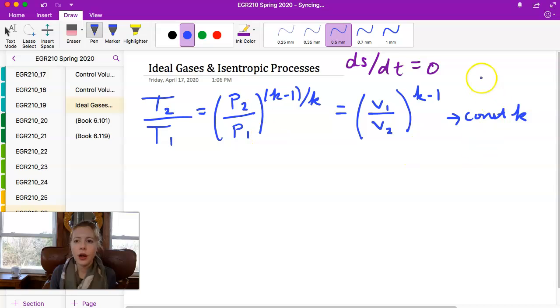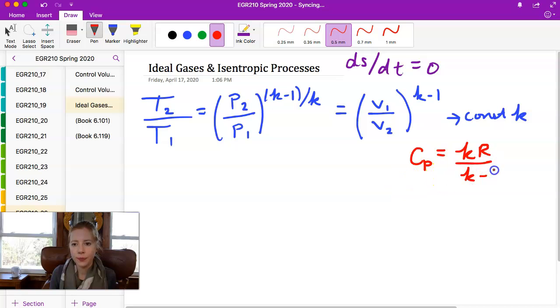Okay, so remember, typically we have this constant that is associated with ideal gases. And for example, Cp is defined as this constant Kr over K minus 1.